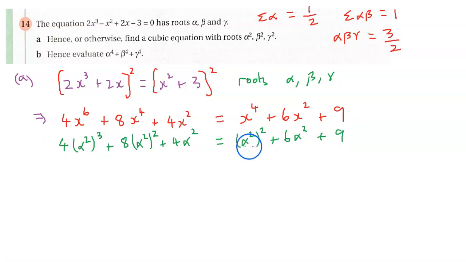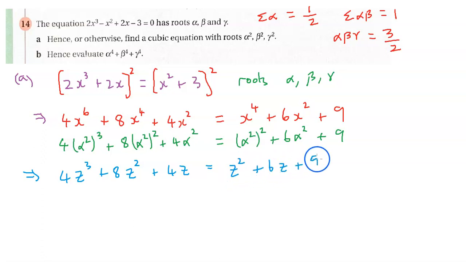And so alpha squared is a root of this equation here. And so then we make our substitution. So 4z cubed plus 8z squared plus 4z equals z squared plus 6z plus 9.